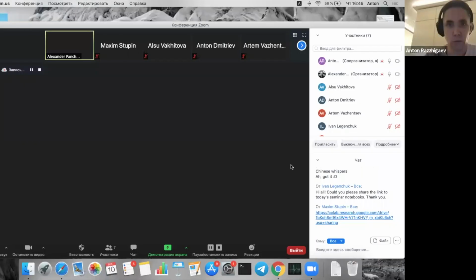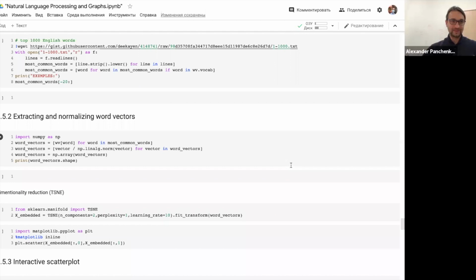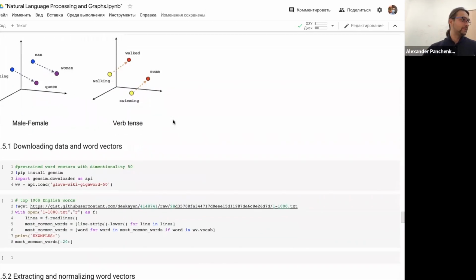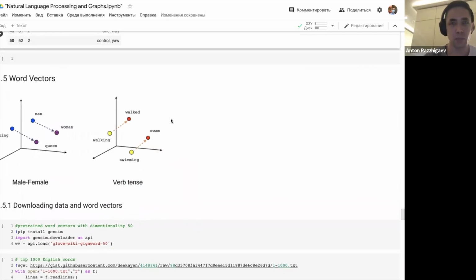Well, let's continue. So this part is about word vectors, word embeddings, and similarity graphs. I'm sure that most of you know what word vectors are, but I will repeat.